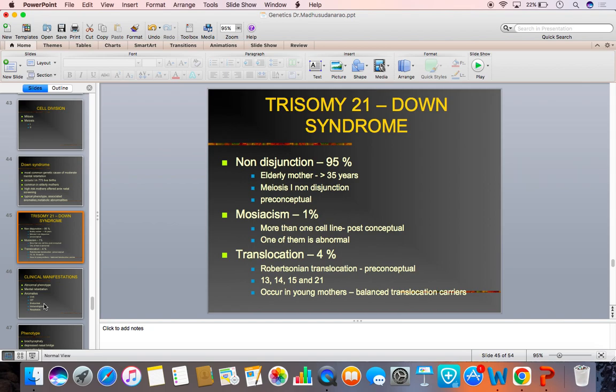Mosaicism is a post-fertilization event that results in the aneuploidy. That is in 1% of the individuals. Translocation is responsible in 4% of the cases of Down syndrome. Translocation is described as Robertsonian translocation, which is preconceptional again.